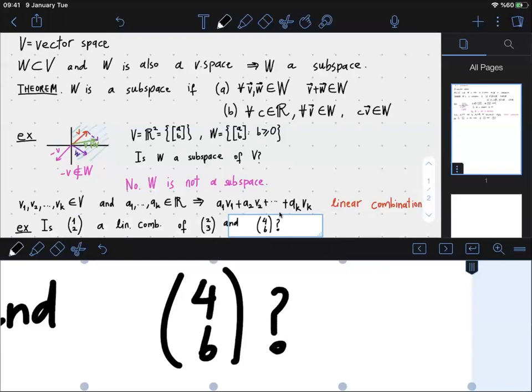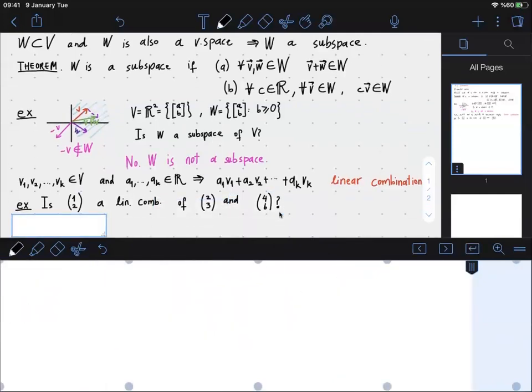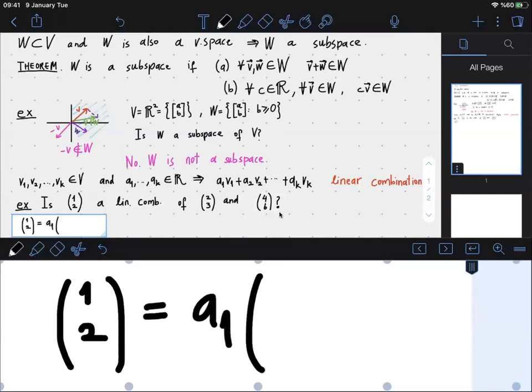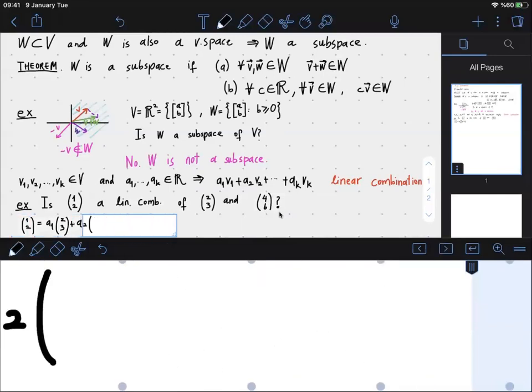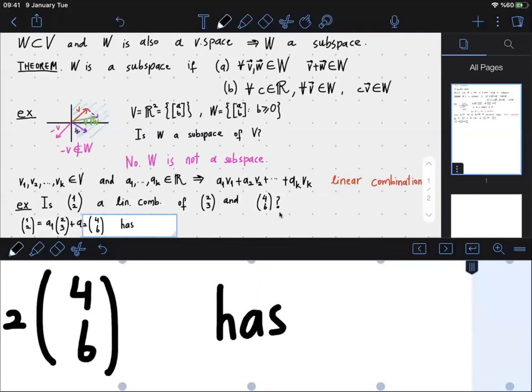Okay, let's look at it. We are wondering if there exist numbers a1, a2 such that a1 times 2, 3 plus a2 times 4, 6 equals 1, 2. So the question is whether this equation has a solution.